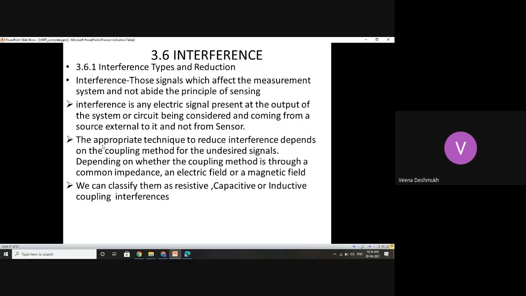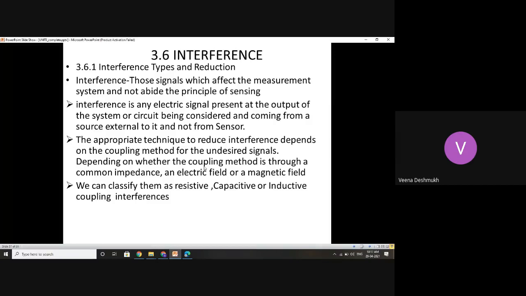First, we are using an instrumentation amplifier basically because in the differential stages you can minimize these. But if the sensor is sensing all these signals without knowing that they are noise signals, then definitely they will reach the instrumentation amplifier end. So in the sensor stage itself, they should not be sensed. For this, we need to know what type of interference it is, or from which element the interference is caused.